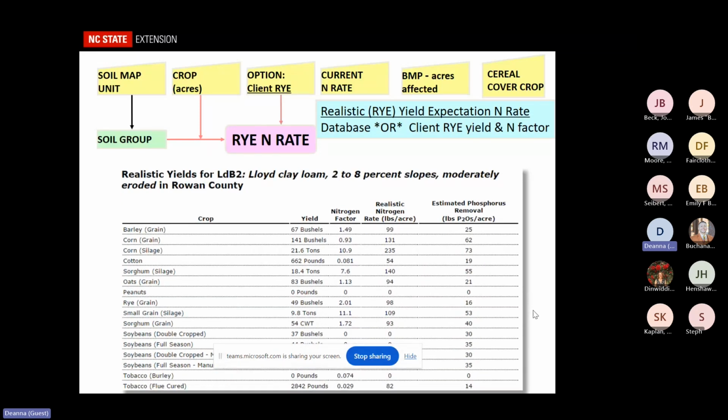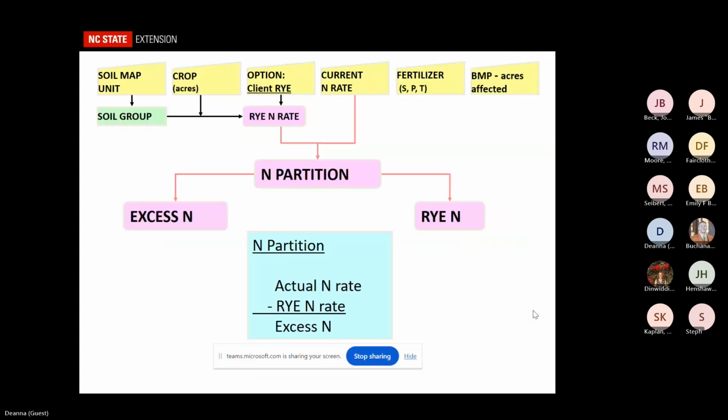And just here's a table of it. And for instance, corn grain on a Lloyd clay loam, so that's a Piedmont soil in Rowan County, requires 131 pounds of nitrogen. This is really important because, again, anything above that doesn't adhere to nutrient management.